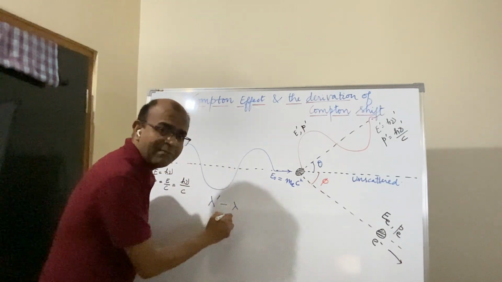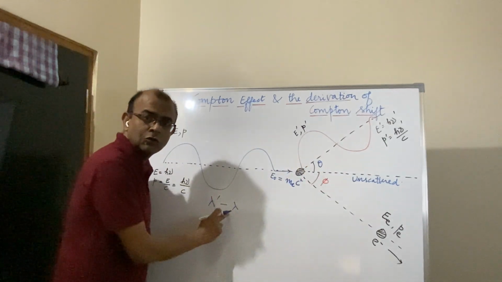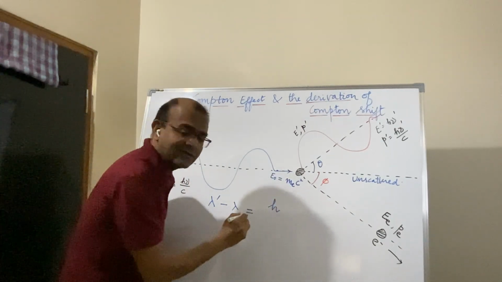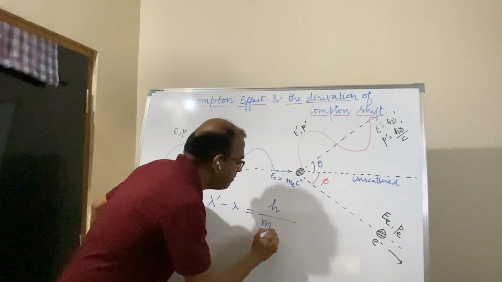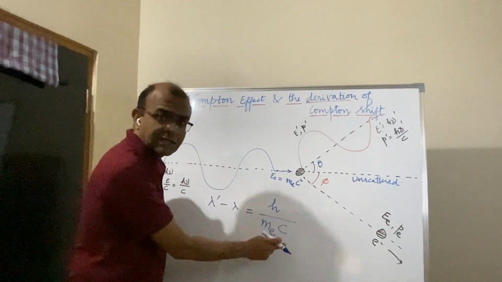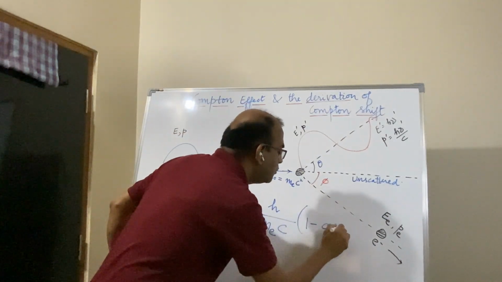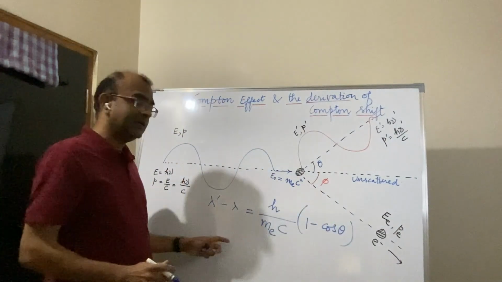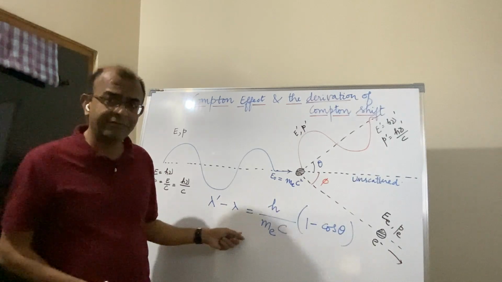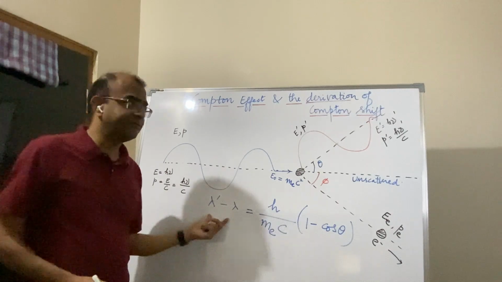Lambda prime minus lambda, the difference in the wavelength of the scattered photon to the incident photon, is equal to h, Planck's constant, over m_e c, mass of the electron times speed of light, times 1 minus cos theta. This is the final expression we are intending to derive, and this is what we call Compton shift.